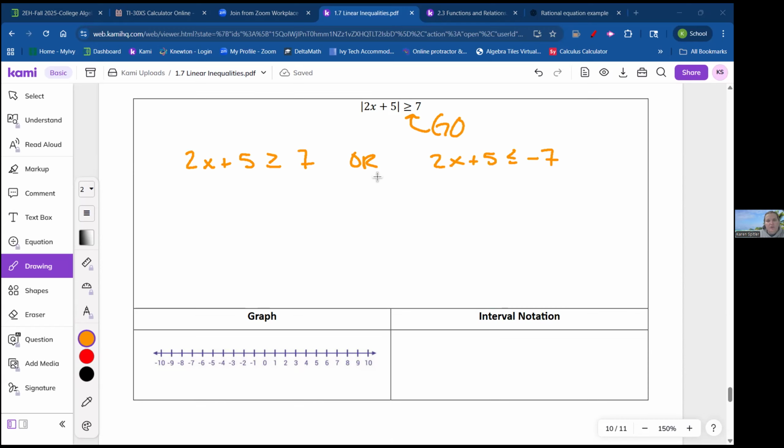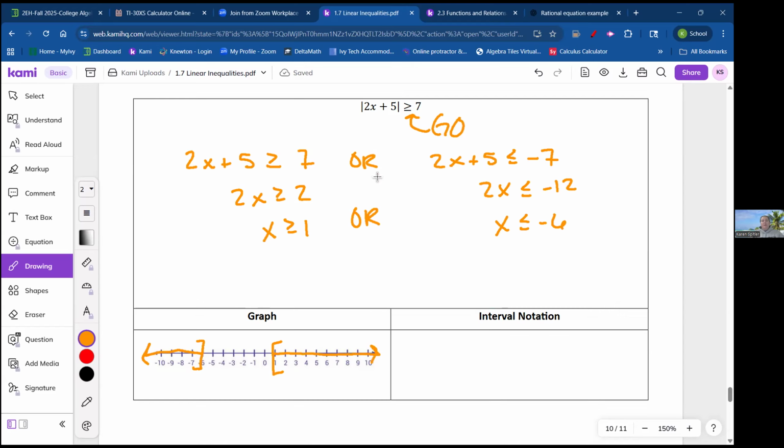Okay, going to subtract 5, so 2x is greater than or equal to 2, and then divide by 2, x is greater than or equal to 1, or subtract 5, 2x is less than or equal to -12. Divide by 2, x is less than or equal to -6. So less than or equal to -6, bracket on the -6, greater than or equal to 1, bracket on the 1.